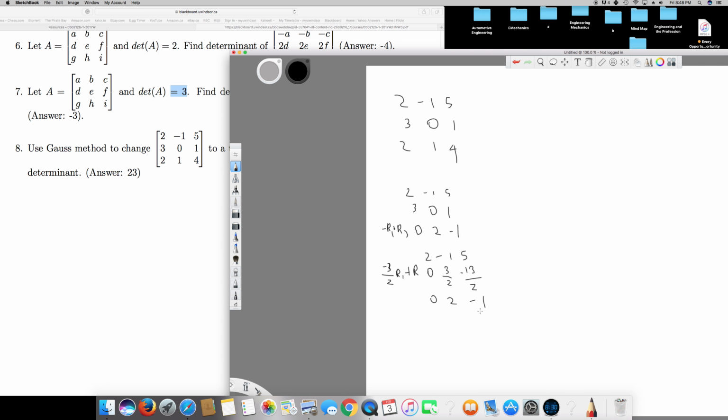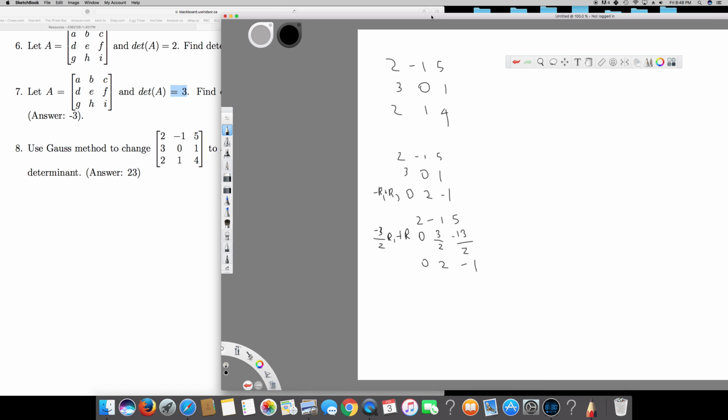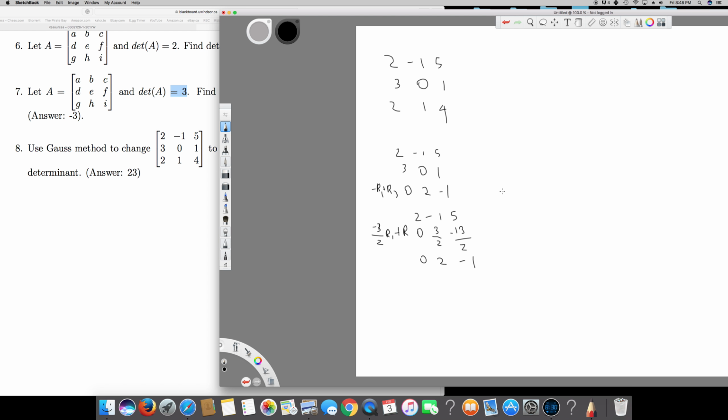Now we have successfully changed the first column. Now we are moving to the second column. In this second column we have to change the third row into 0. To do that, I have to multiply the second row by 4 divided by 3, negate it, and add it to the third equation.